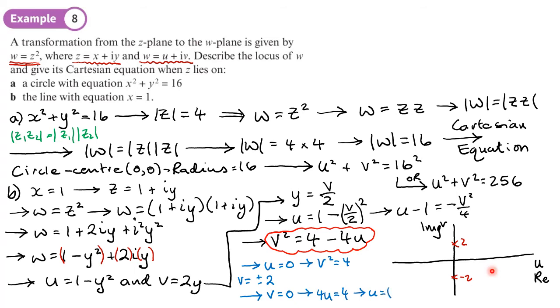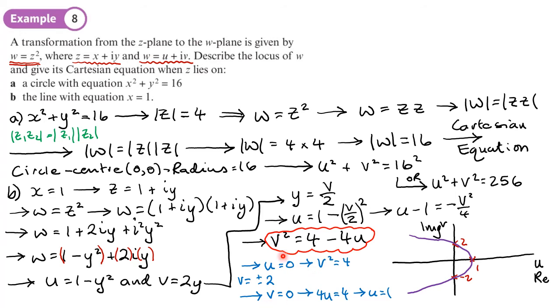So that means on the u-axis here, on the real axis, I'll end up with the number 1. Now hopefully that's enough points to plot, and that tells me it's going to look something like this. So it's a parabola where its vertex is at the point 1, 0.